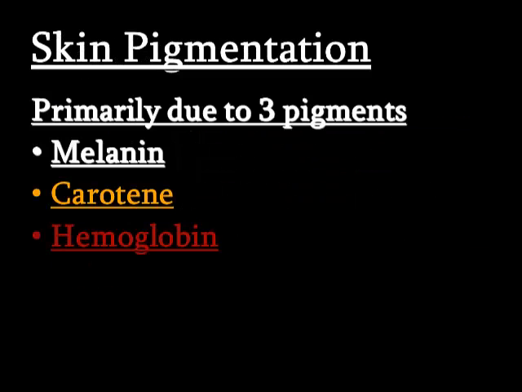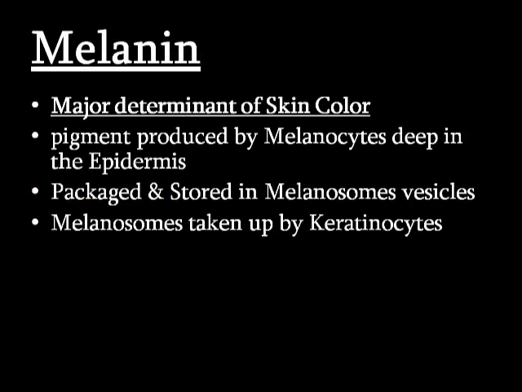Responsible for pigmentation, the primary pigment of skin color, is melanin. Two other substances that can contribute to color of skin is keratin and hemoglobin, and that would depend on the amount of skin pigment one has. The primary determinant of skin color, controlled by your genes and the activity of your melanocytes, is referred to as melanin. And you'll have an assigned reading to know the chemistry, composition, and purpose of melanin and where melanin is located in the skin.